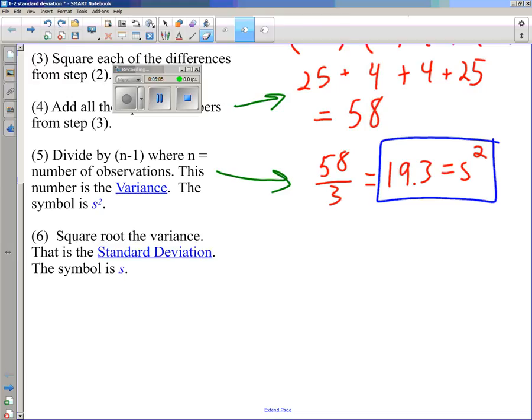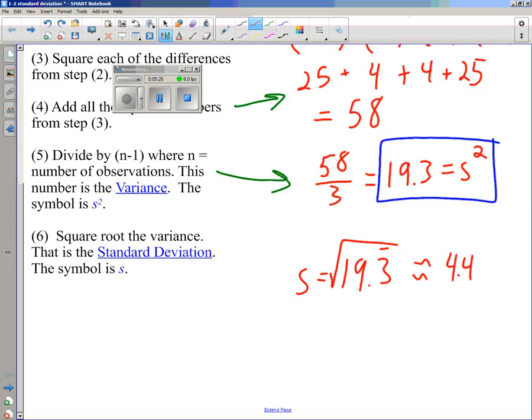And then the last step, standard deviation, is the square root. And that is standard deviation. So that is a measure of how spread out the numbers are. That's how you calculate standard deviation.